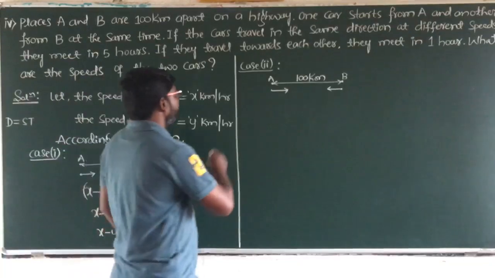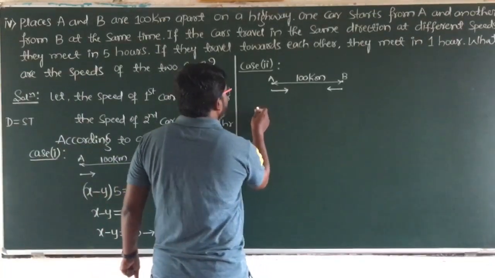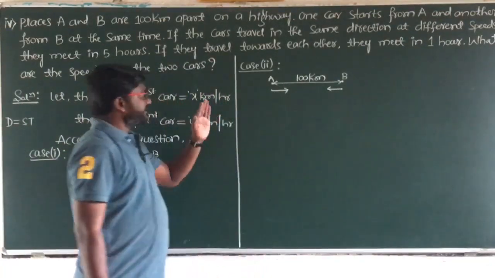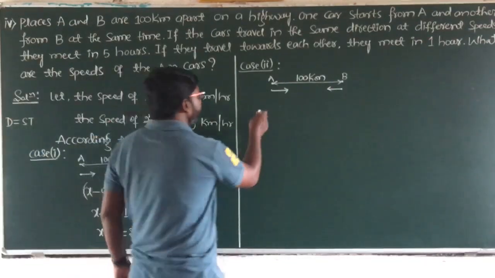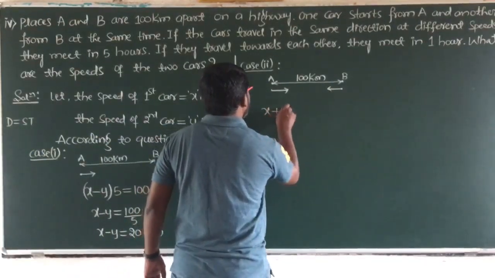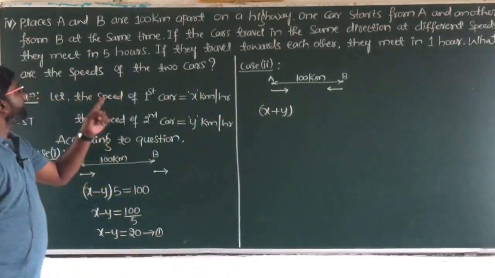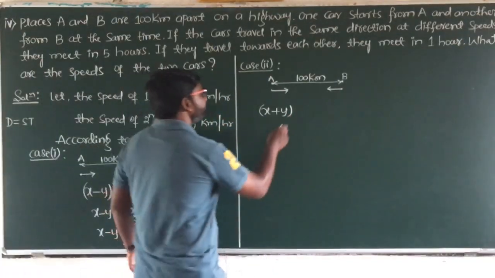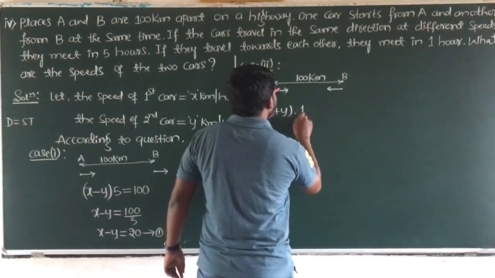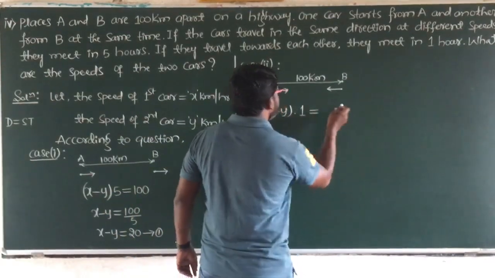Here we have to form the equations. Again, distance equals speed into time. Speed is x plus y, into time. What is the time now? They meet in 1 hour, so into 1, which equals distance. What is the distance?